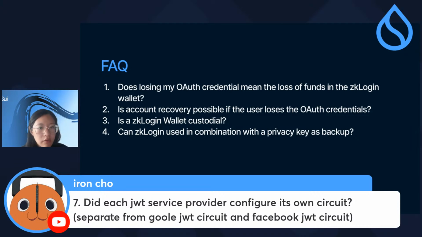For most of the service providers that we've looked at, the length of these fields falls under the limit, such that our circuit can be reused for all the providers. So to add on to that, we are able to support more providers in the future without needing to rewrite the circuit or run a new trusted setup.